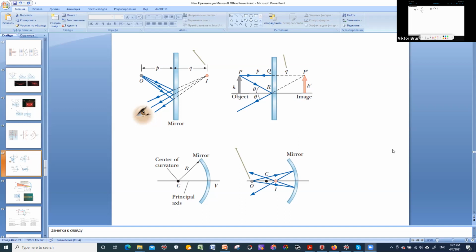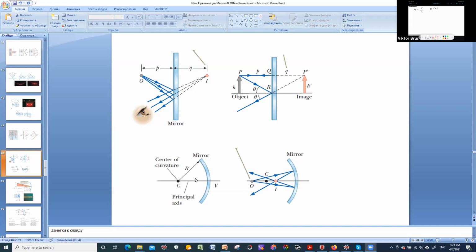The first one is called a concave mirror, when reflection happens from the inner concave surface of the spherical mirror. This is the first example we will consider, and then we will go to the other one.